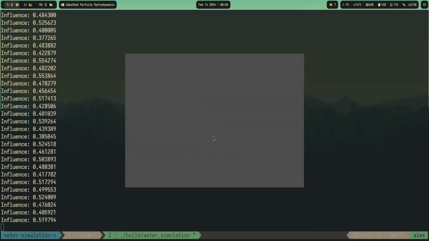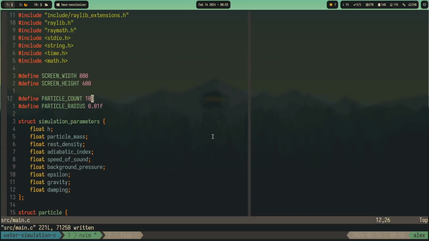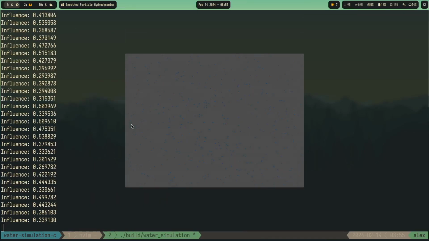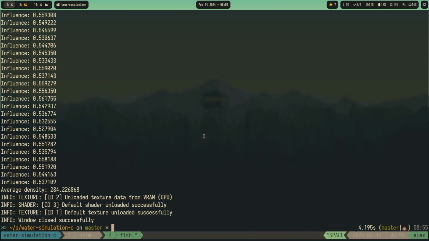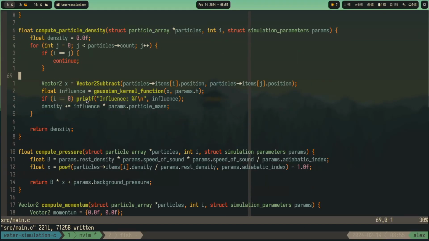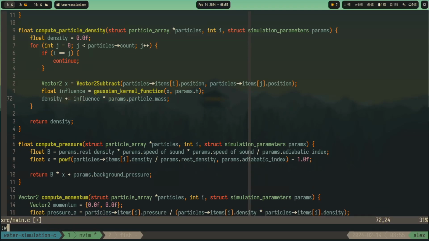It's the same value. If we have 500, it's a bit less, but it's still around the same. So I don't know why the average density becomes that small.